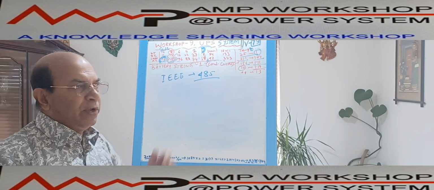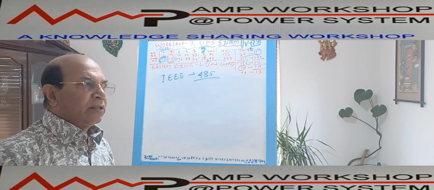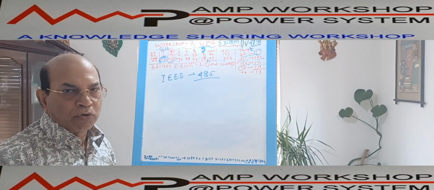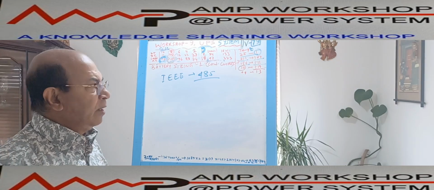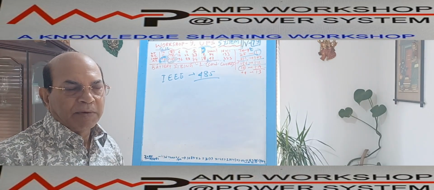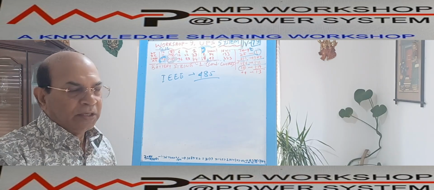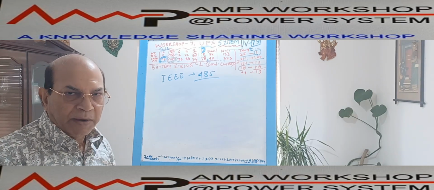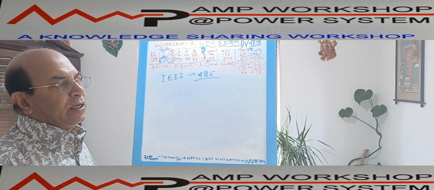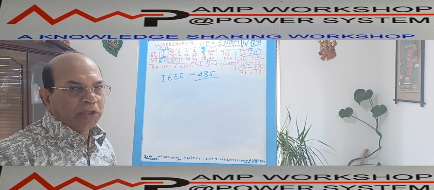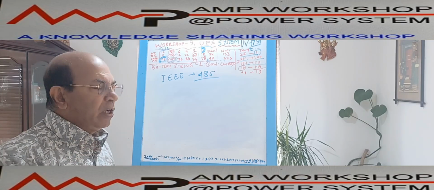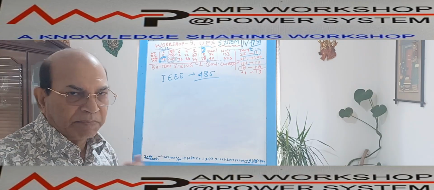In the case of UPS, we have seen that sometimes, depending on future load growth, we consider the UPS capacity with 25% extra margin. If we consider 25% extra margin, the battery has to cater for that, so the battery also should have that 25% margin. But if we consider 15% additional capacity in the UPS to take care of future load growth, then the battery also has that 15%.